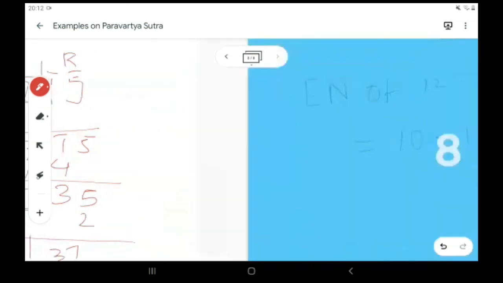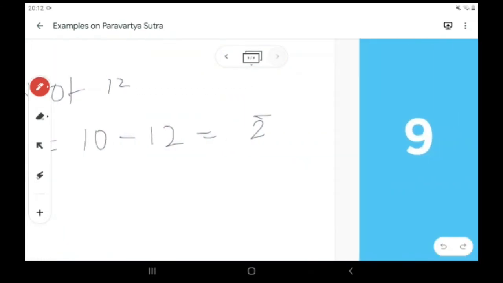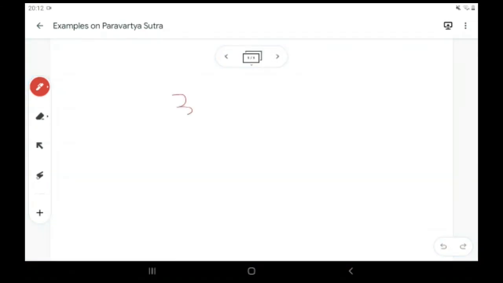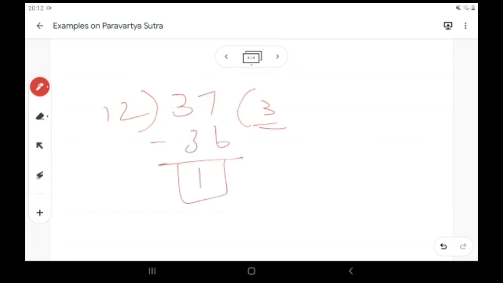So again we got 37 as our remainder, that's actually greater than the divisor. So use the basic division calculation. 3 is the extra quotient and 1 is the ultimate remainder.